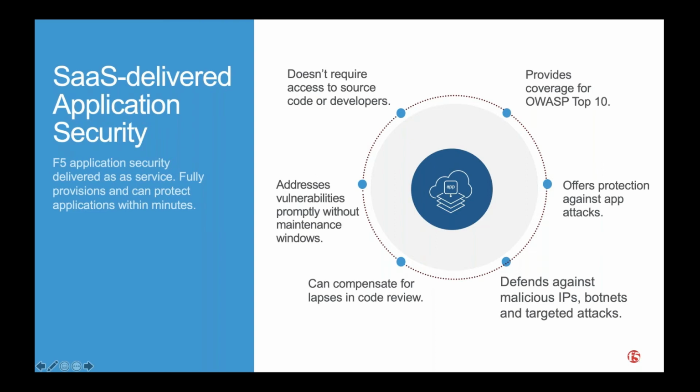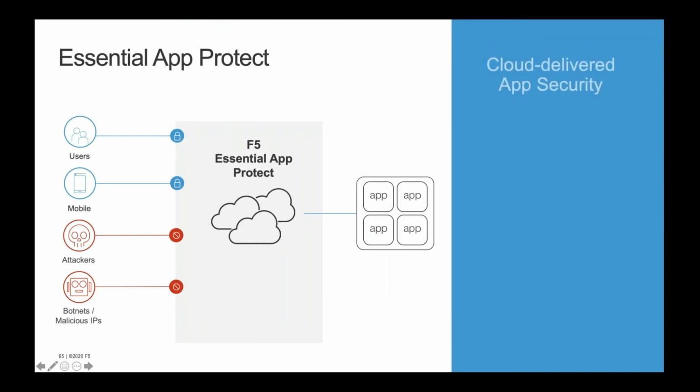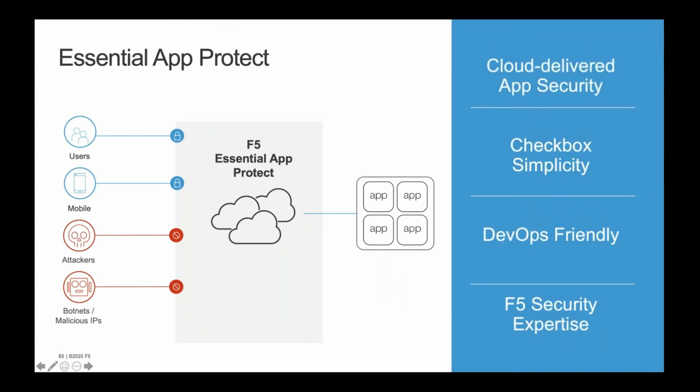It's a very easy SaaS application where you do not need the required knowledge to configure your application protection on different layers. It offers some protections already, and it's going to simplify your application protection itself.